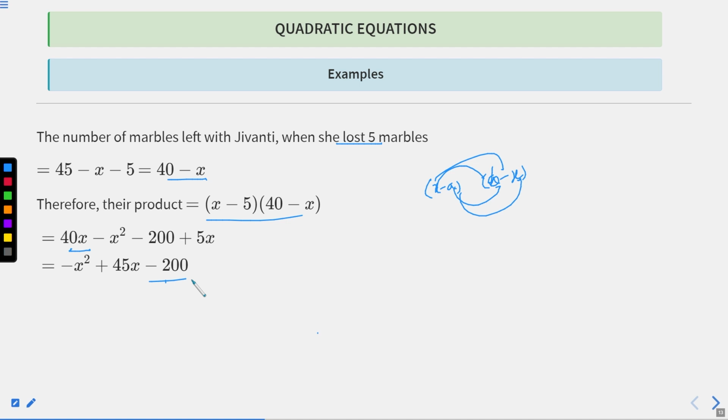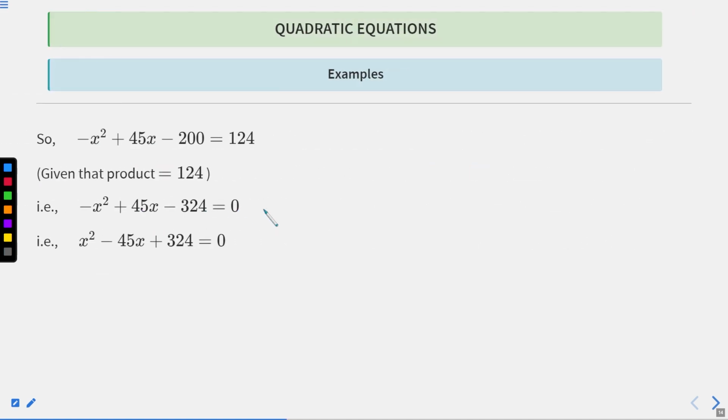We are given in the question that when they lost 5 marbles each, the product of their numbers of marbles is 124. So minus x square plus 45x minus 200 is equal to 124.